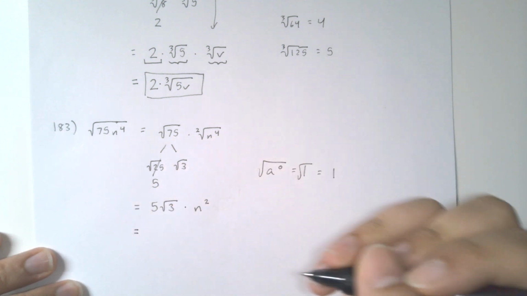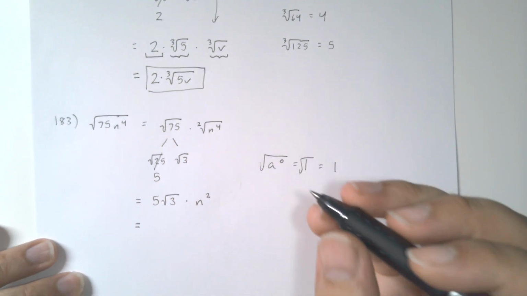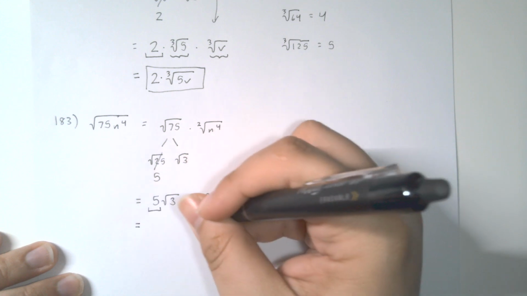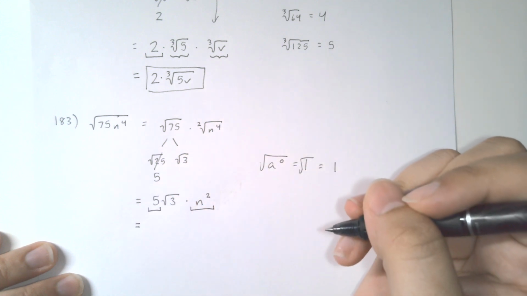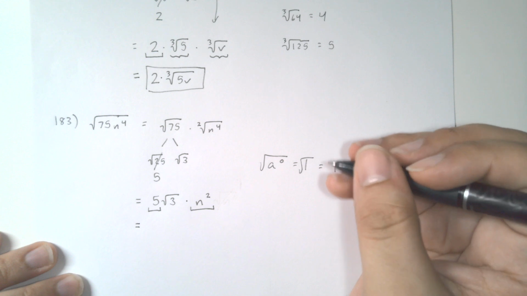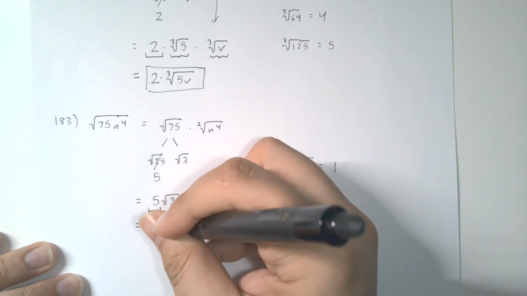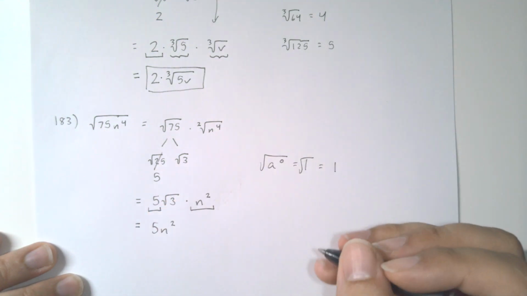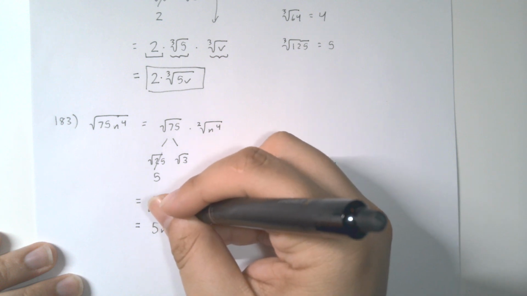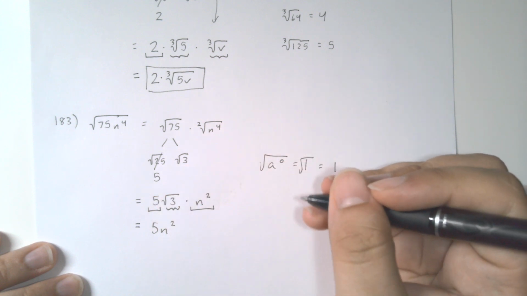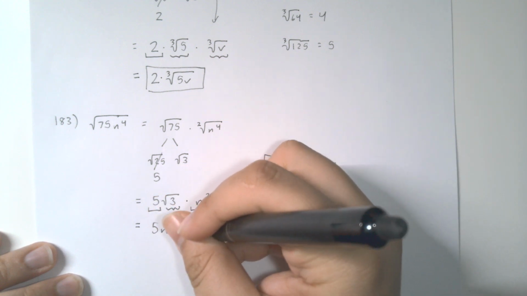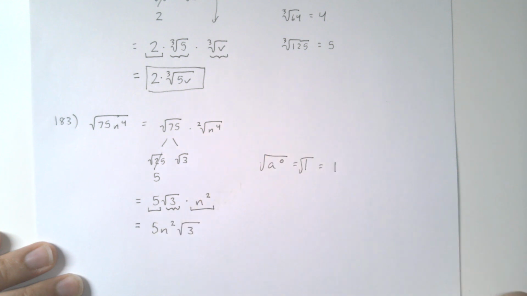Now we just need to simplify our answer. So we have 2 things outside of our root. We have a 5 and an n squared. So we take those and we multiply them together. We have 5n squared. And then the stuff on the inside of the square root is a 3. So we have times the square root of 3.